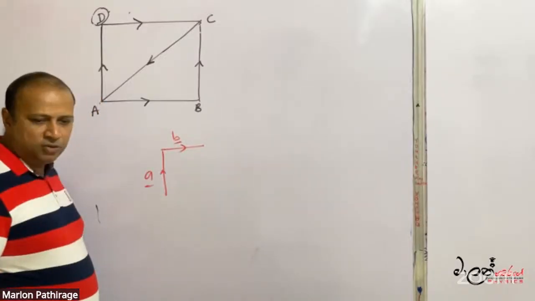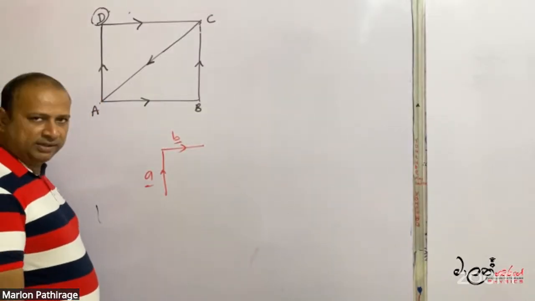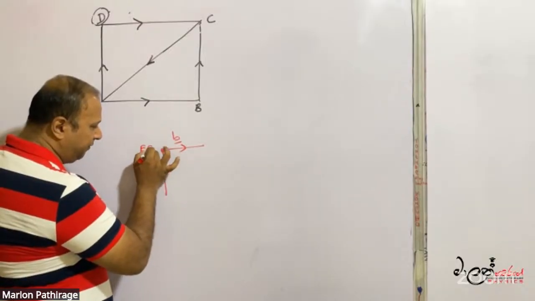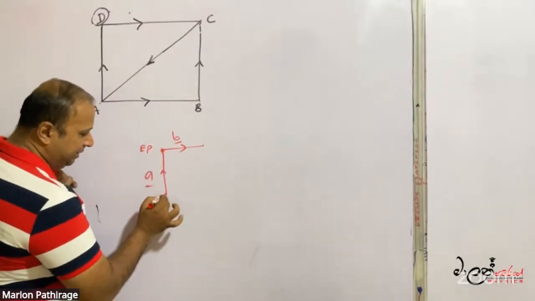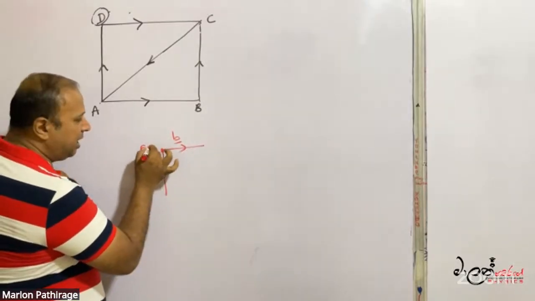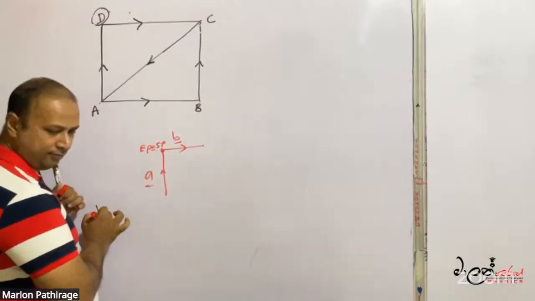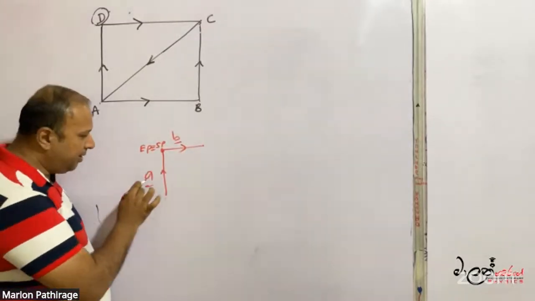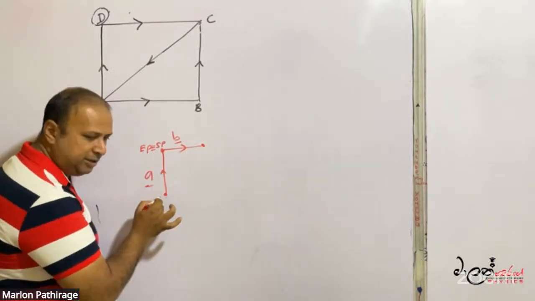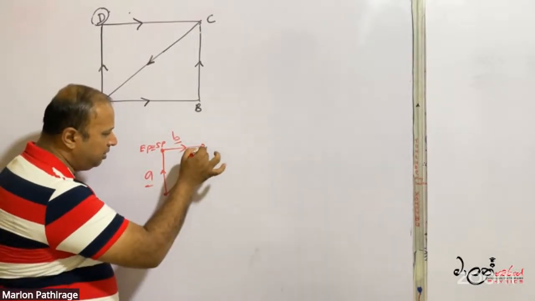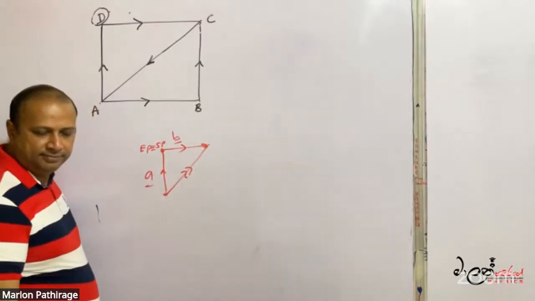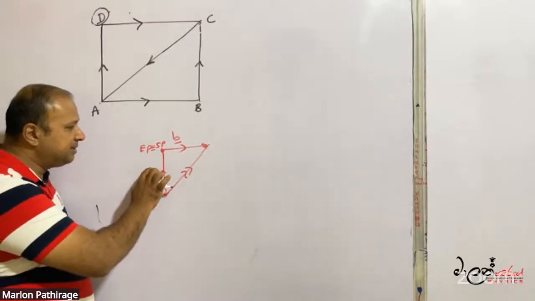If there are two vectors like this, it is very clear that the endpoint of the first vector and the starting point of the second vector are the same. Therefore, if I draw a vector from this point to this point, it should be the resultant vector of them.